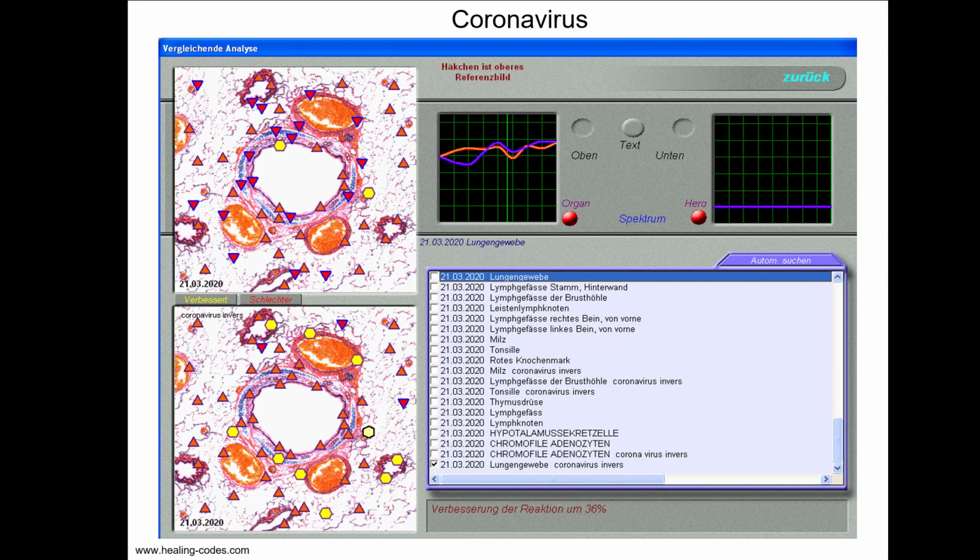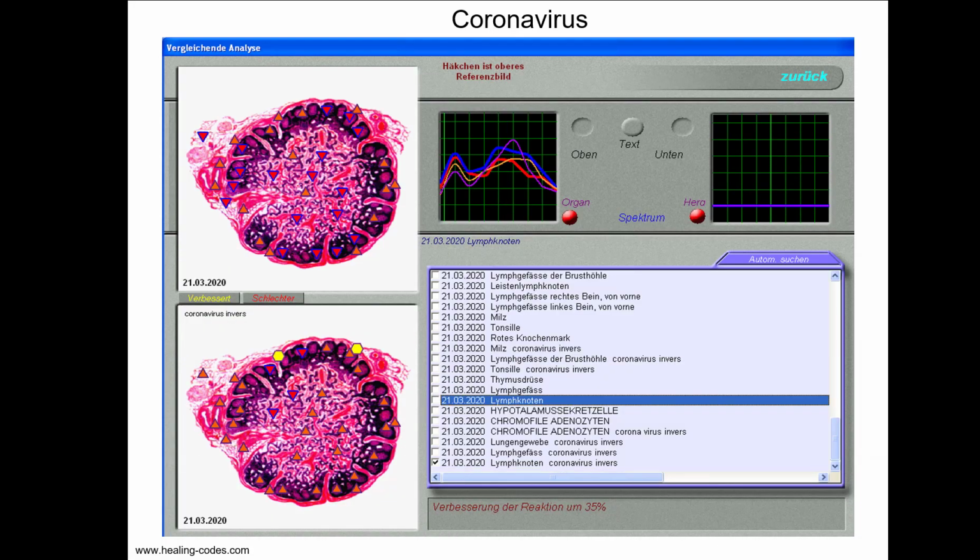This constellation correlates with the clinical condition of the patient, who actually suffers from breathing difficulties. The image of a lymph node, which is representative of other lymph nodes of the patient, improves by 35% when coronavirus is inverted.